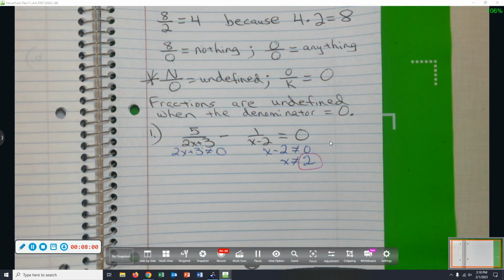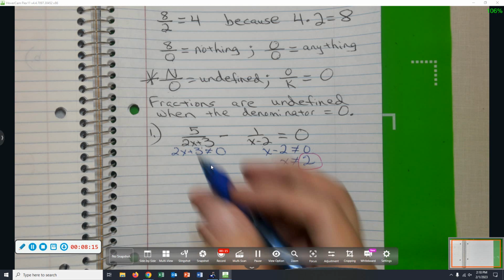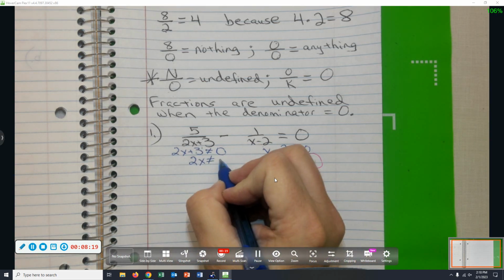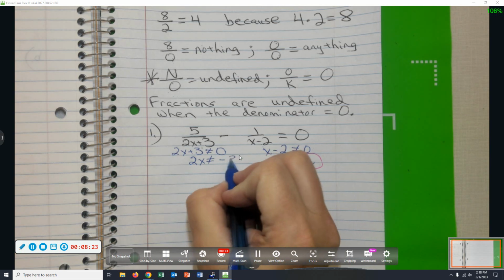And the next one, let's solve this one for x. What will I do first? When you say solve, it's the same as solving for whatever variable appears. So that gives us 2x can't equal negative 3.